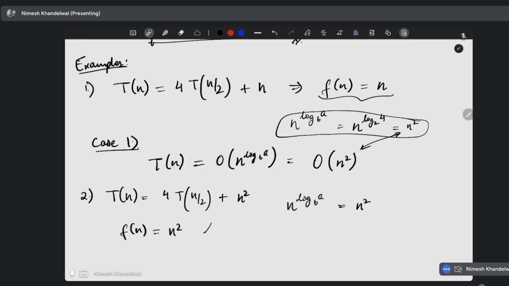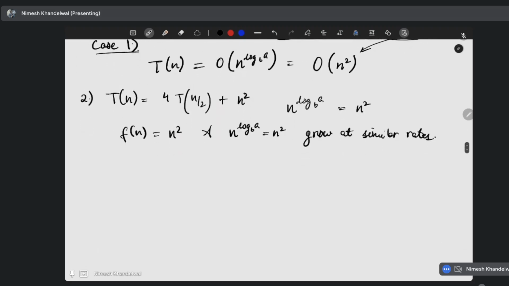So f of n and this n to the power log a base b, they grow at similar rates because they are of the same order, right? So this again is case 2.